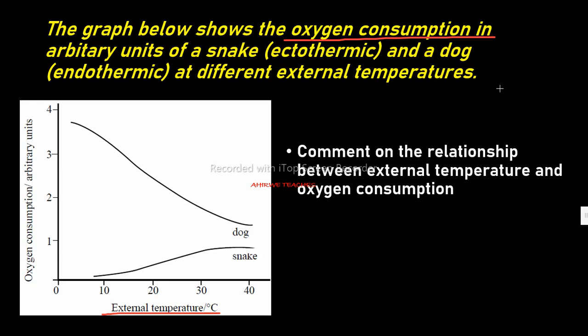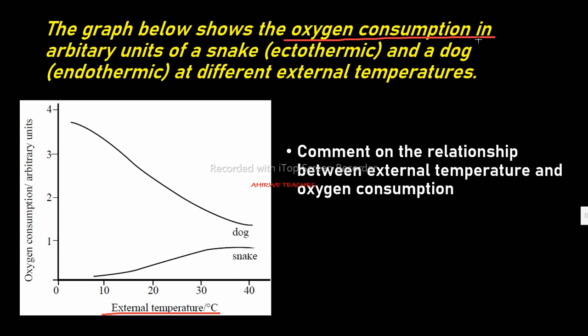Okay? If you can establish the relationship between oxygen consumption and temperature and why organisms consume oxygen, then you can easily tell why oxygen consumption varies when environmental temperature changes.